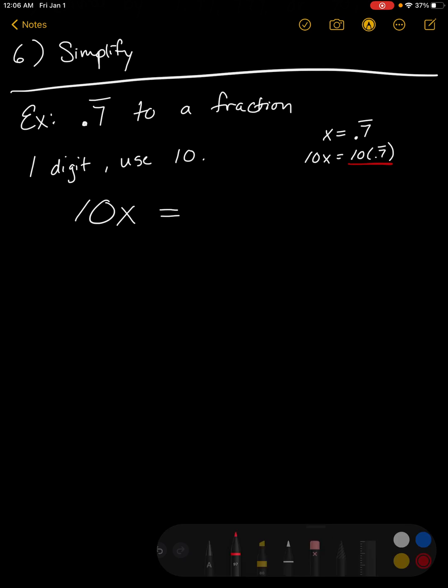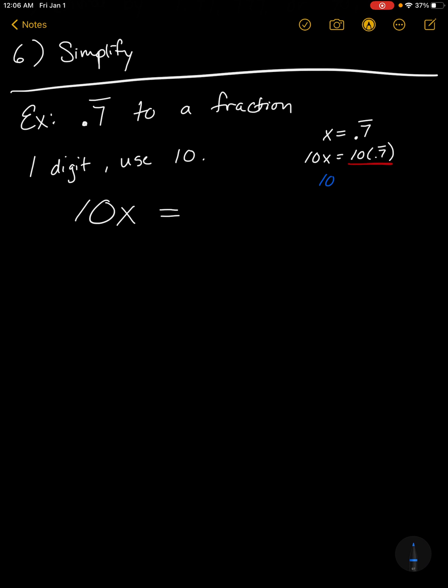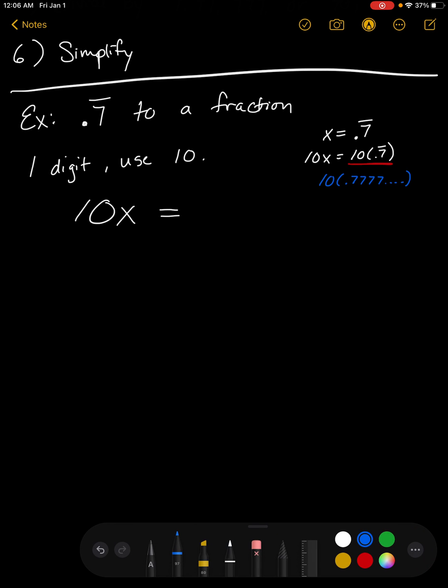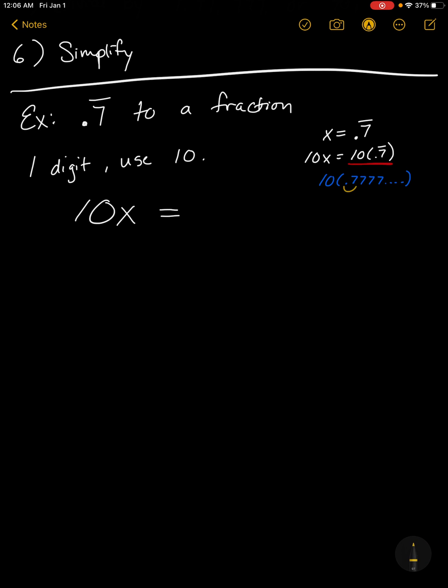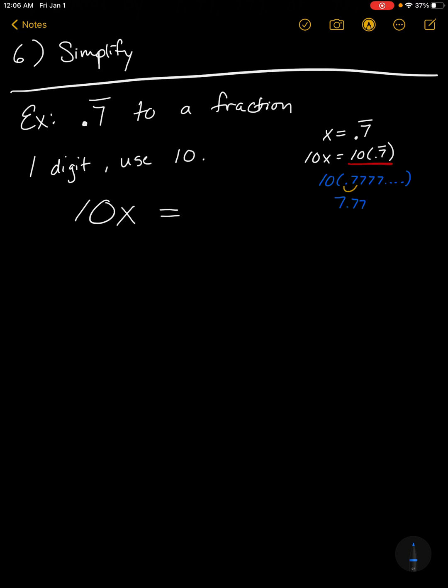Now, what happens when you take 10 times 0.7 repeating? You've got to remember that you're taking 10 times 0.7777 that never ends. And so when you take 10 times something, all it does is move the decimal once to the right. And so 10 times 0.7777 really ends up being 7.7777.